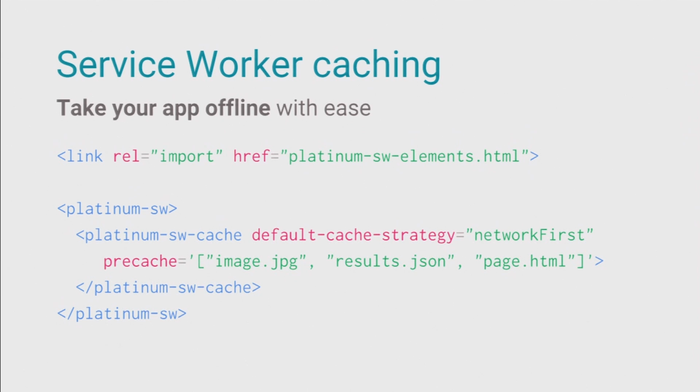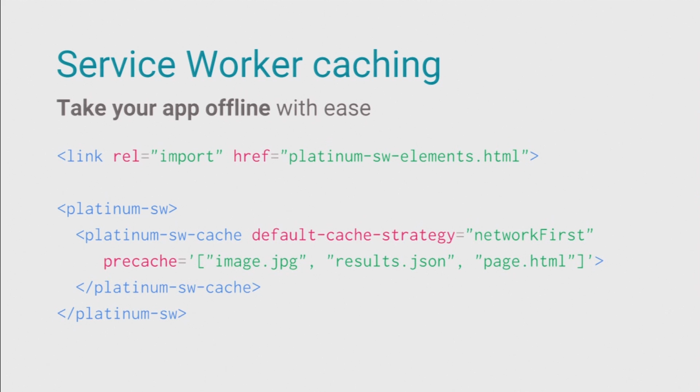obviously you need to import the elements because we're dealing with custom elements that need to be imported, but then you just drop Platinum SW onto your page and you have these sub-elements that get pulled in via the content tag that end up configuring what your caching is. And you do this all on your own page, and you can say, hey, I want a strategy where it goes against the network first.